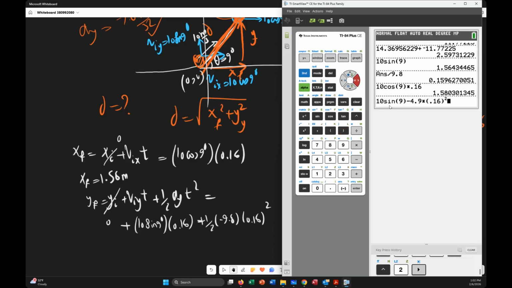Am I right? I didn't multiply this, so I have to rewrite everything. So 0.16 minus 4.9 times 0.16 to the power of 2.